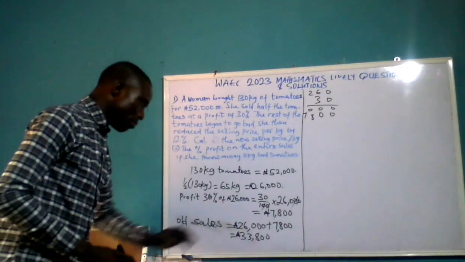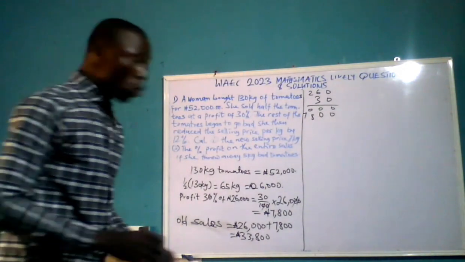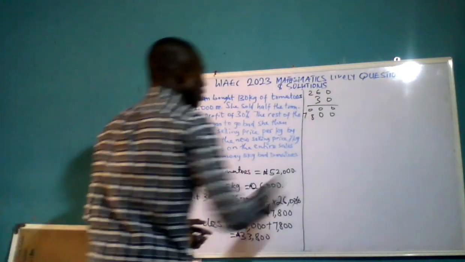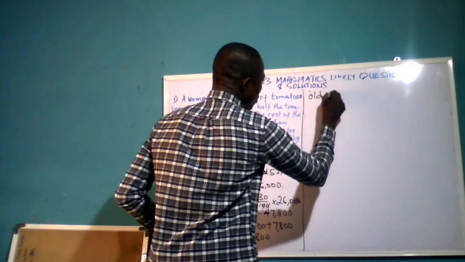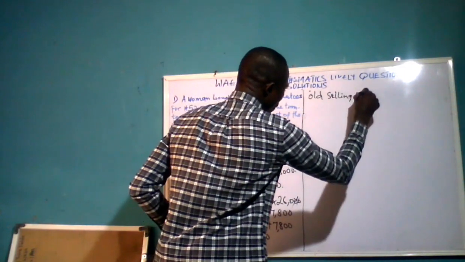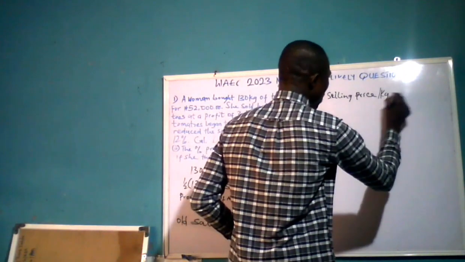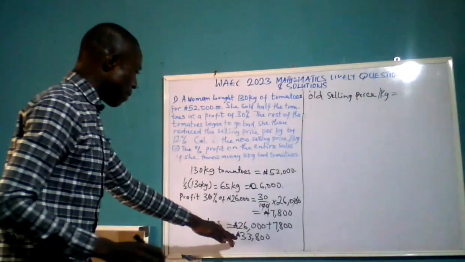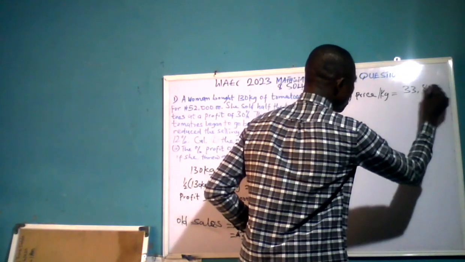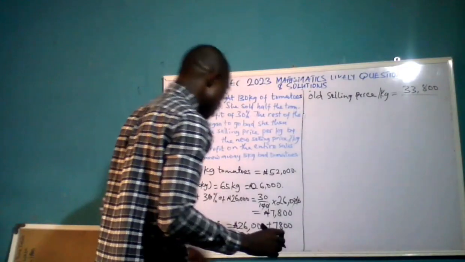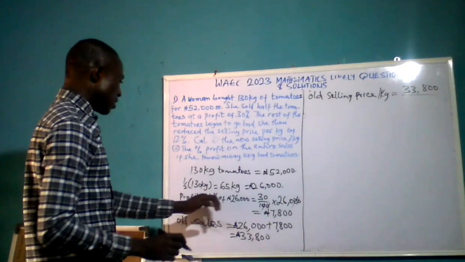Now with this sales made, we can get the selling price per kilogram, or call it the old selling price per kilogram. The old selling price per kilogram will be equal to 33,800, of course it should be in naira, but we put the unit at the end of the whole thing, divided by the quantity, which is 65.